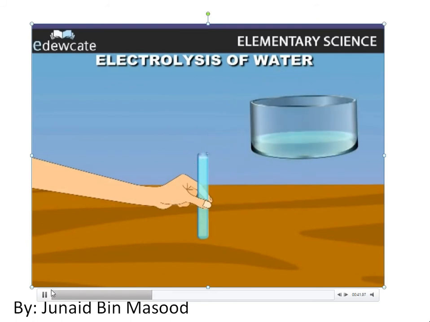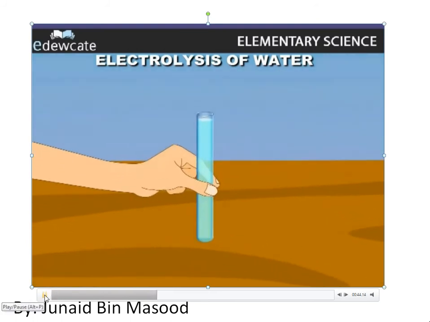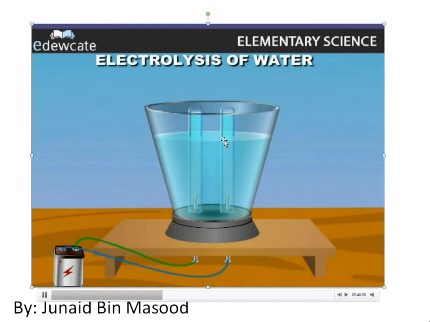Take it in a test tube, add that water inside it, and 2 test tubes have been placed upside down over here, and one side is connected with the positive terminal of the battery, the other side is connected with the negative terminal of the battery. This is the battery because we have to pass electric current through the water, and the electric current will cause the water to break into 2 parts, oxygen and hydrogen.